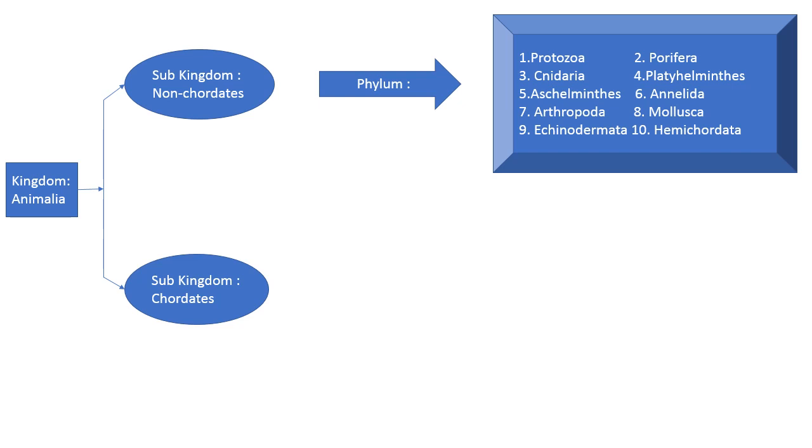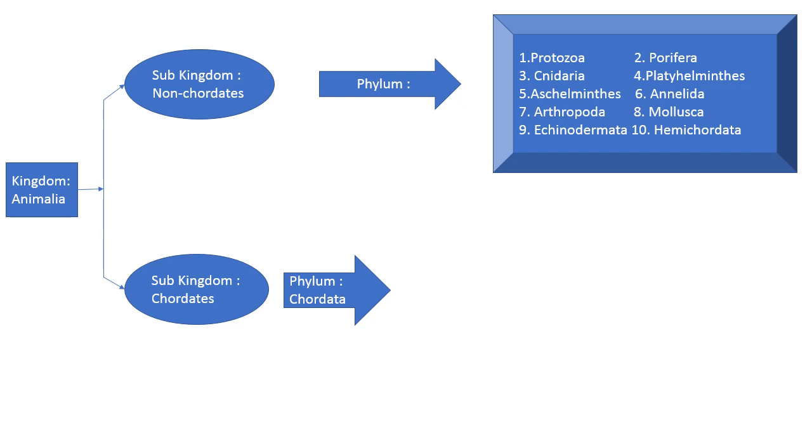Getting? Then we are talking about a subkingdom chordate. Subkingdom chordate is further classified into phylum Chordata. See, there is a similarity in the name of the subkingdom and the phylum, but try to remember the difference properly. It is chordates and the phylum is chordata.